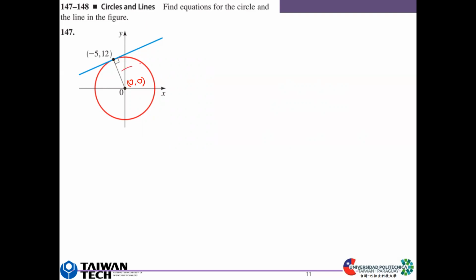So first we can find the slope of this radius. The slope is 0 minus 12 over 0 minus -5, which is -12/5. A negative slope means it's decreasing.